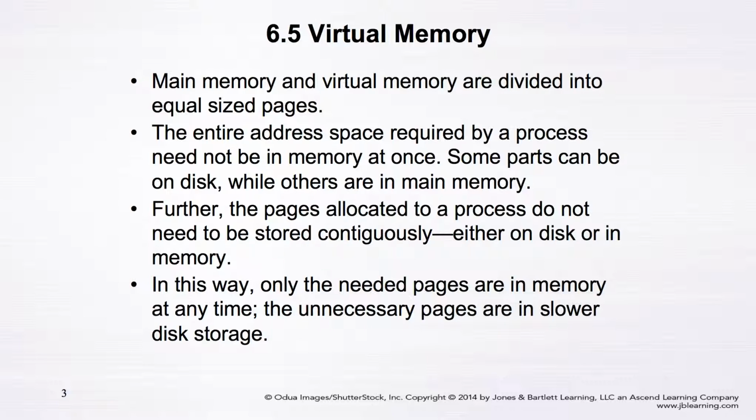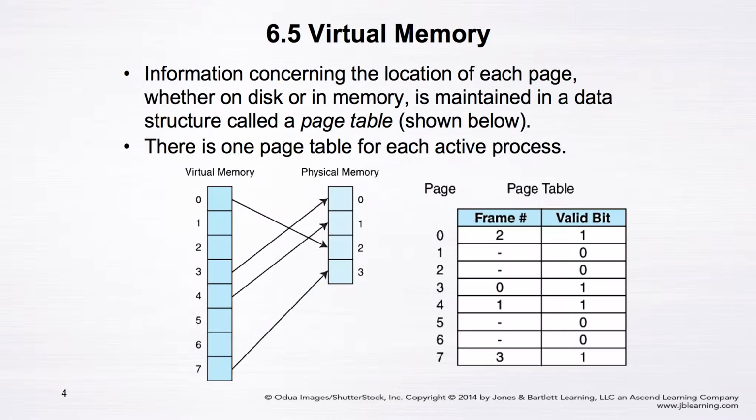So by doing it this way, only the needed pages are in the main memory at any time, and the unnecessary pages are in the slower disk storage. By doing this, we don't need a large memory, but we can still improve the performance by reducing the access time to the data.